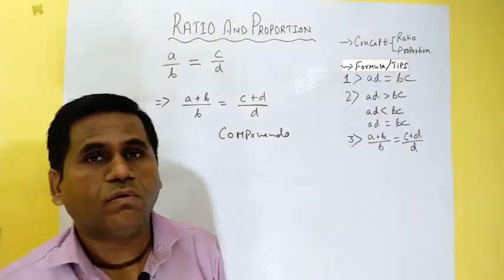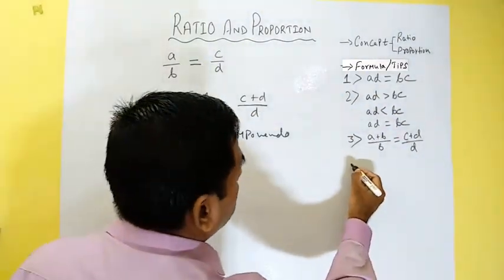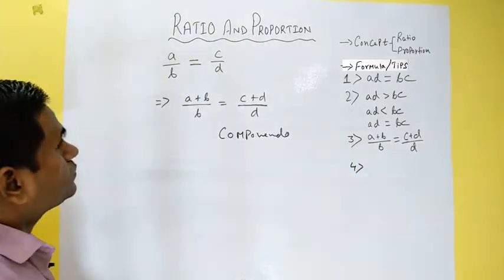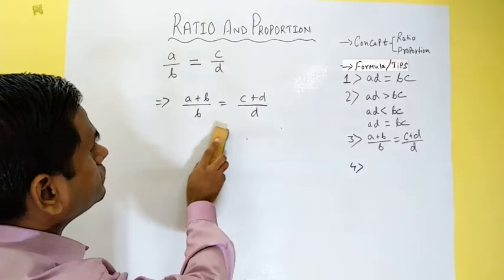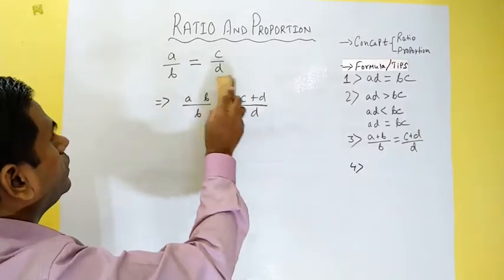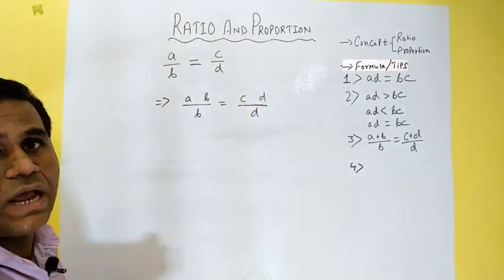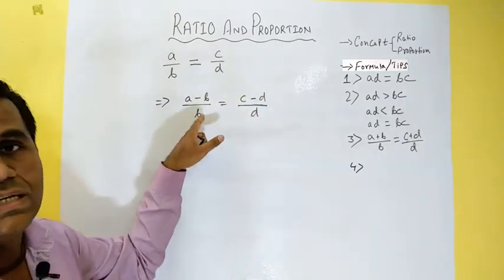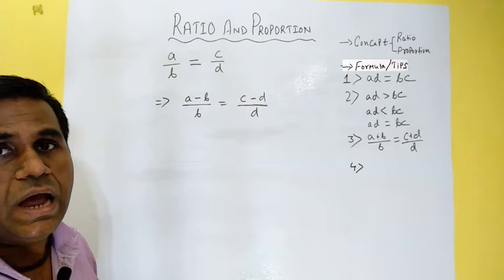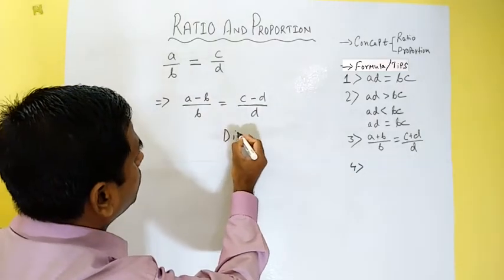Now we have the fourth formula, which is similar to this. In the fourth formula, what we do is, we remove the plus and we do minus. A minus B upon B is equal to C minus D upon D, and this is called as dividendo.